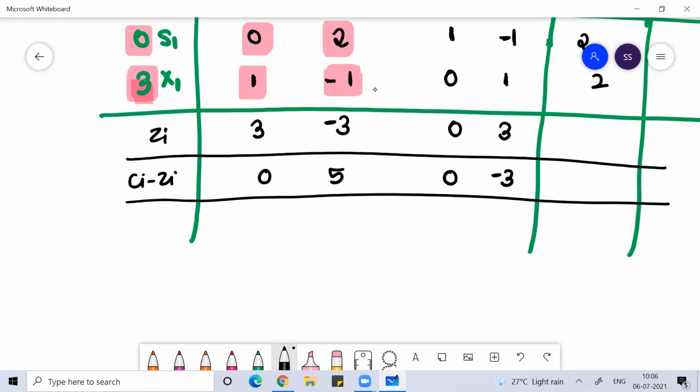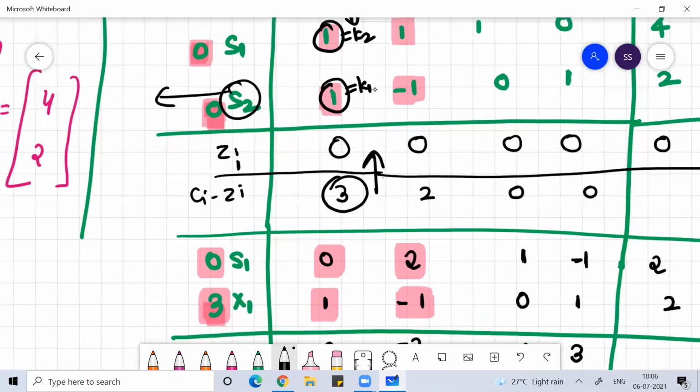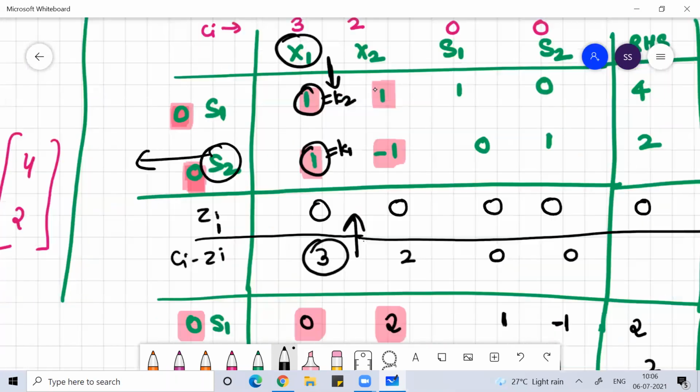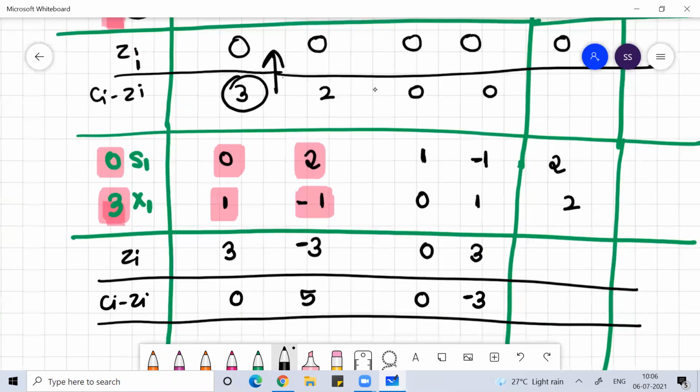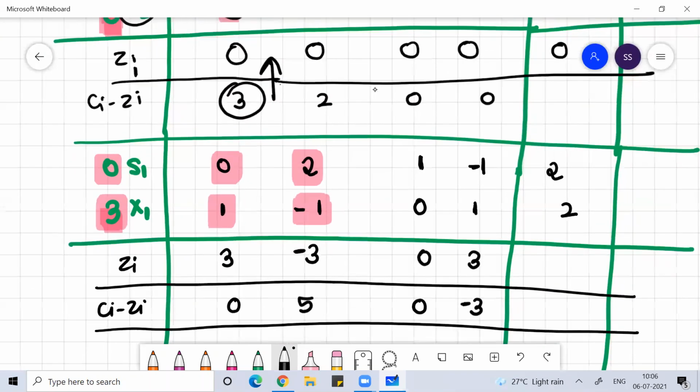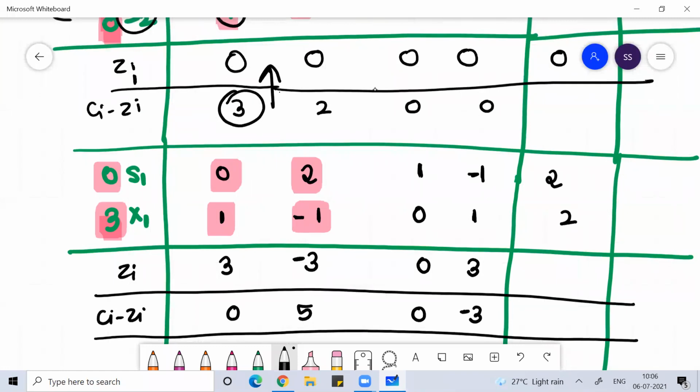The coefficient of the objective function is called the Ci values. Clear everyone? This would be 6: 0 into 2 plus 3 into 2.